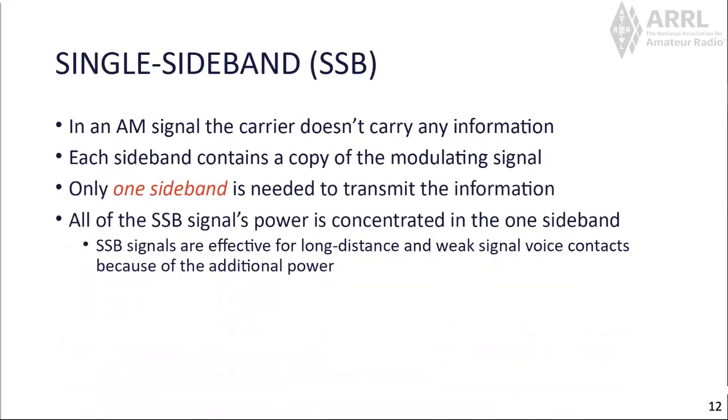All of the single sideband or SSB signal power is concentrated in the one sideband. Remember these next words. Single sideband signals are effective for long distance and weak signal voice contacts because of the additional power. Remember that when you'll see it again.